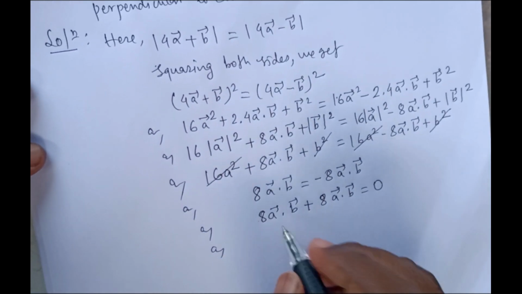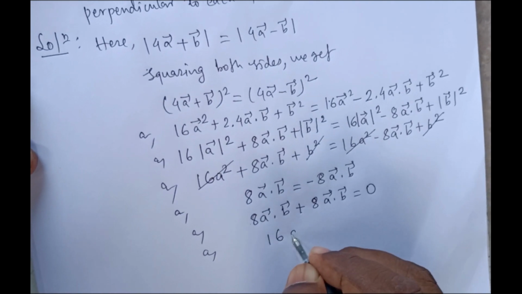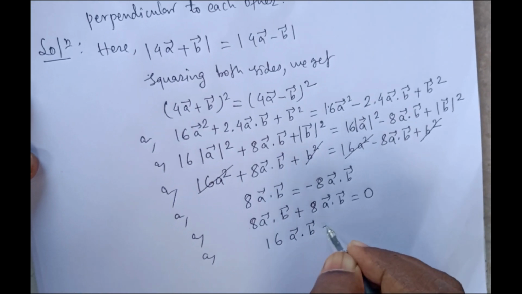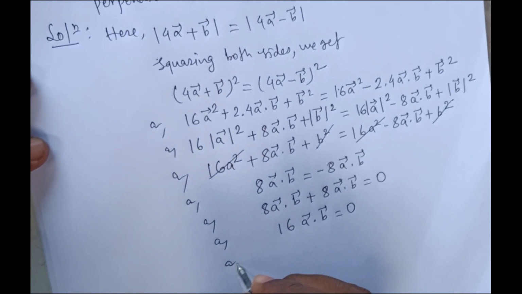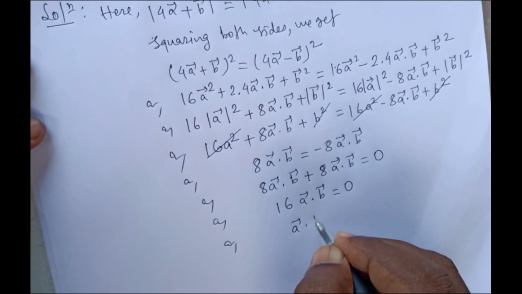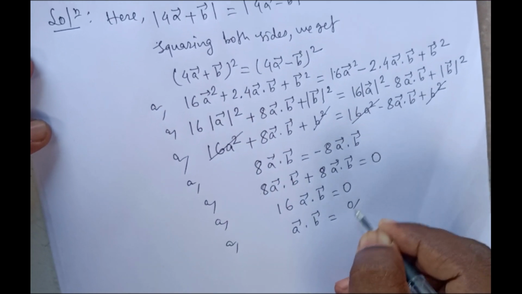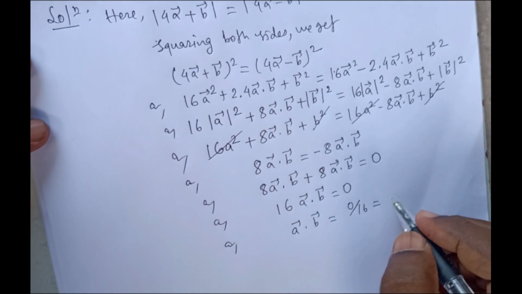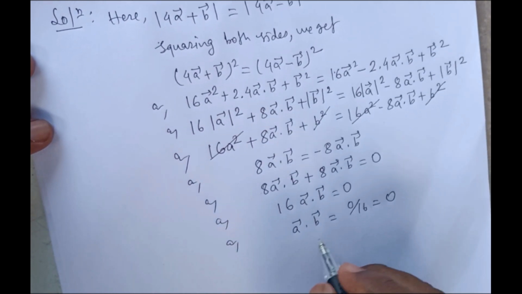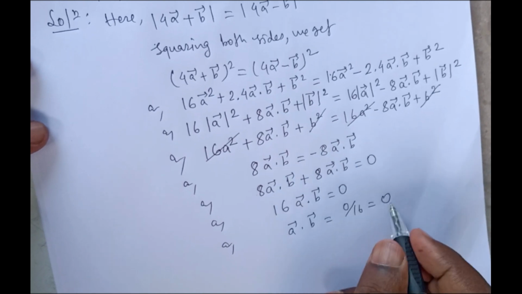So 16 a·b = 0, so a·b = 0/16, which is 0. So here the dot product is 0.